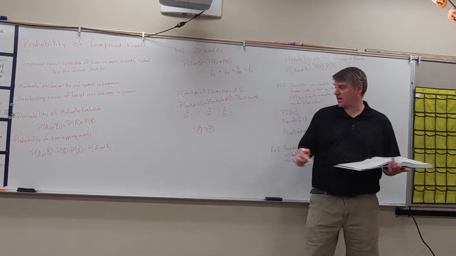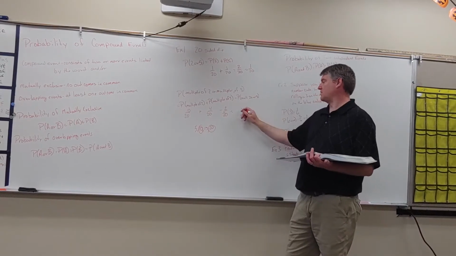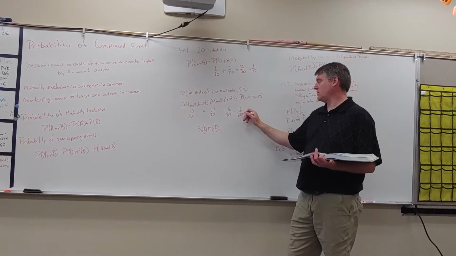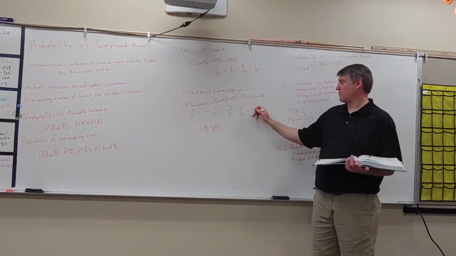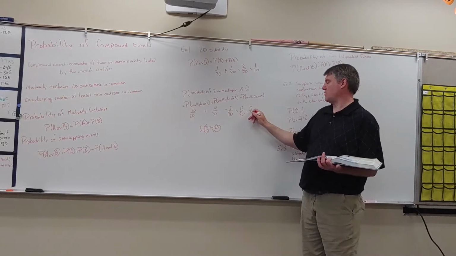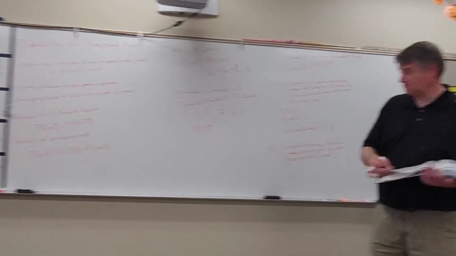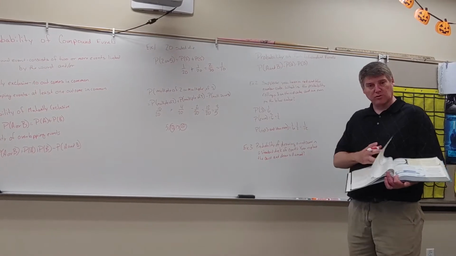So I'm going to add these together. 10 20ths plus 4 20ths is 14 20ths minus 2 is 12 20ths. I will reduce this down. 4 goes into both of them. So this is 3/5, or 60% of the time, we're going to have a multiple of 2 or a multiple of 5.